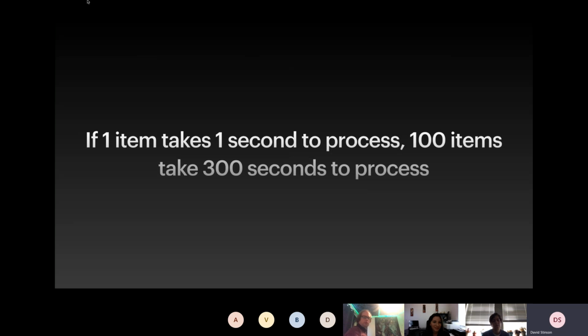With this, if one item takes 1 second to process, 100 items will take 300 seconds to process. It's because you're combining both the log time and the linear time, or times the linear time.